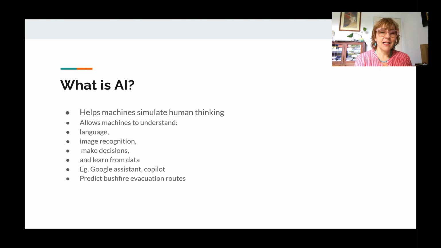from data. Some of the places you might already experience it in your life for quite a long time is Google Assistant, and currently Copilot has really upgraded to something that you can talk to. The best use I've seen of it so far, which is really interesting, was predicting bushfire evacuation routes from Lorne, where there's restricted places to leave from.